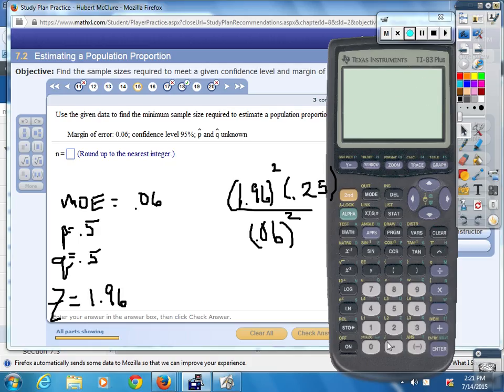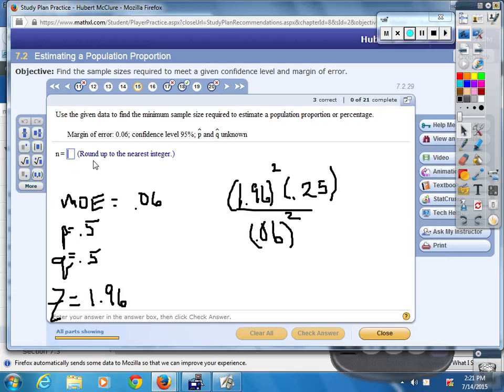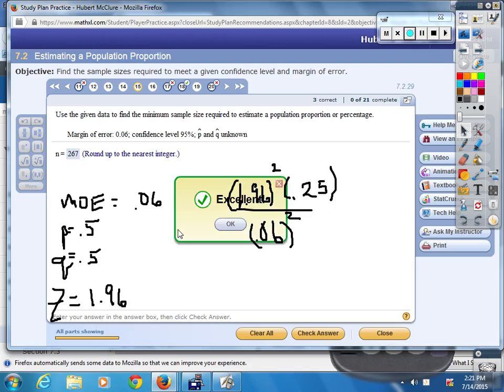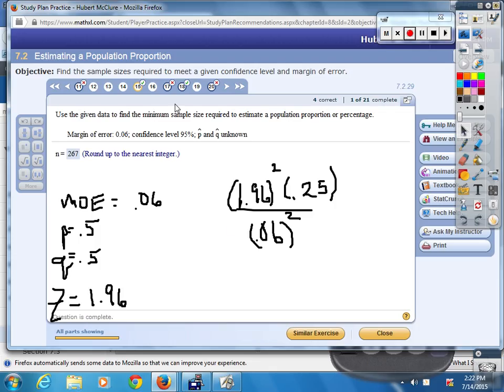So, 1.96 squared times 0.25, divided by parentheses 0.06 squared, close parentheses. I get 267. What do y'all get? We got 267 too, class. Thanks for the interaction.